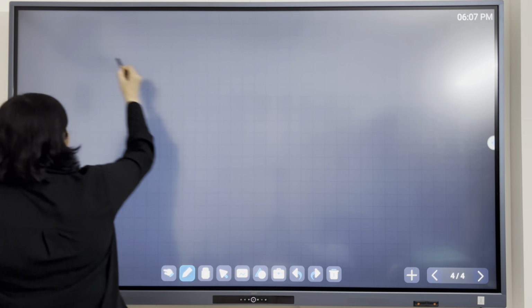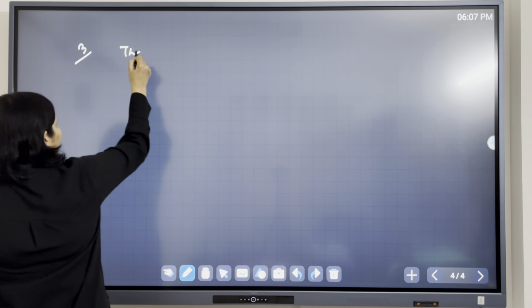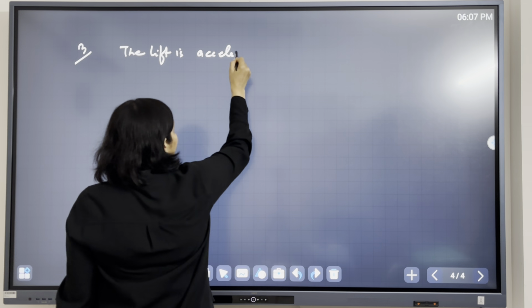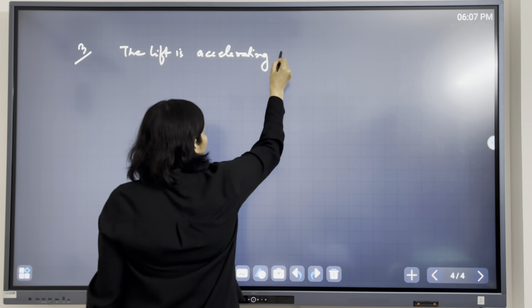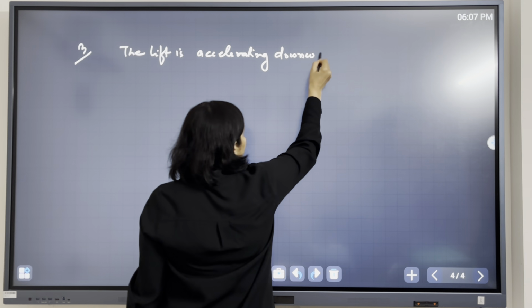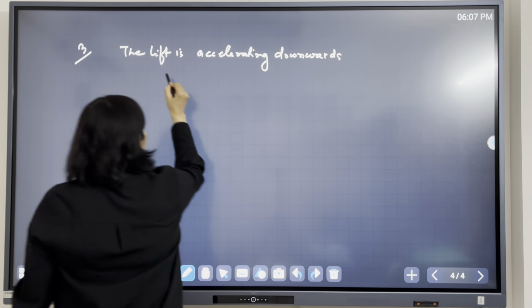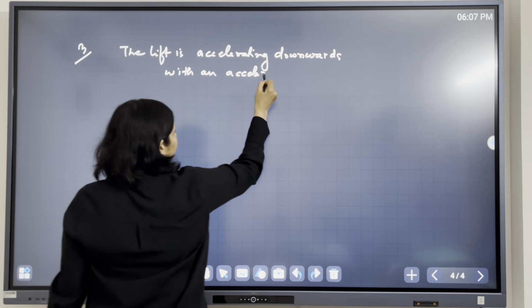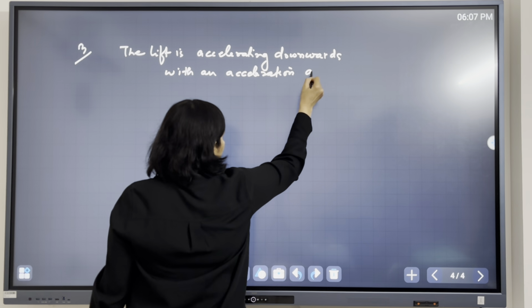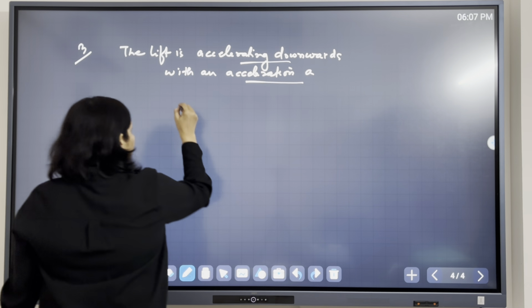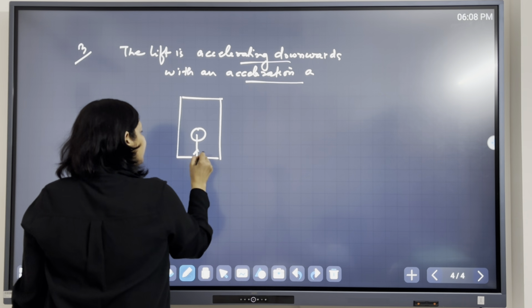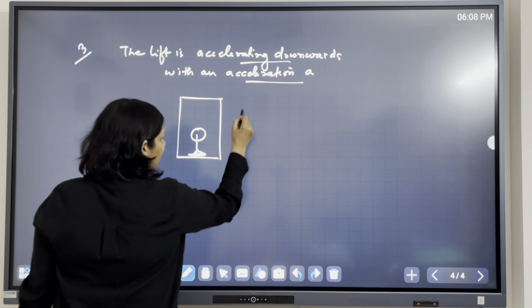So let us take the third case. The lift is accelerating downwards with an acceleration a. So now this is a lift, this is a person standing on the weighing machine.